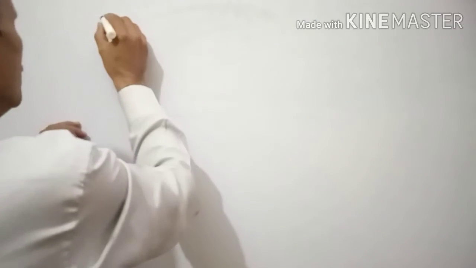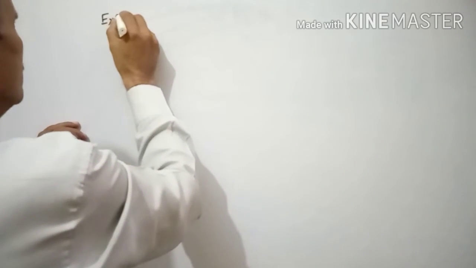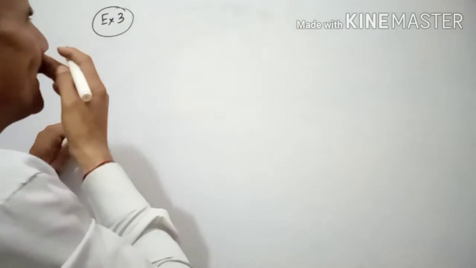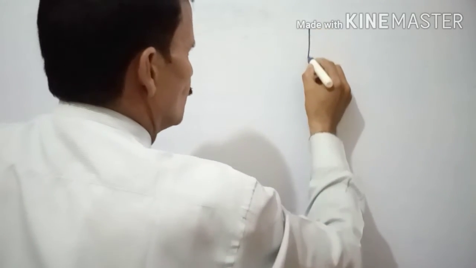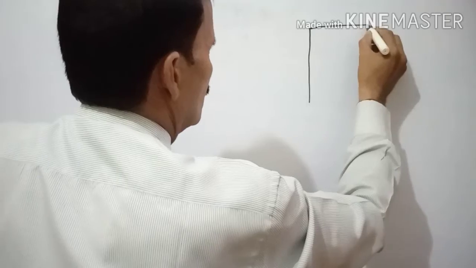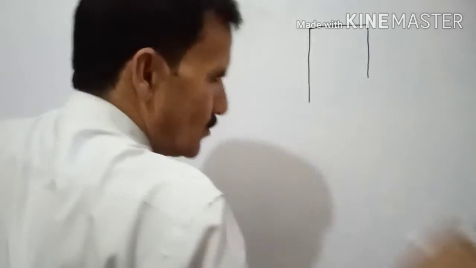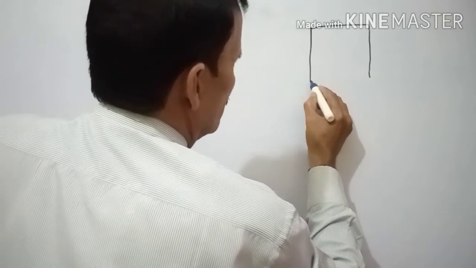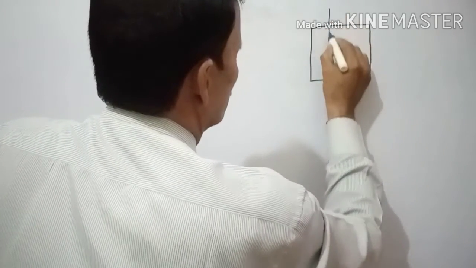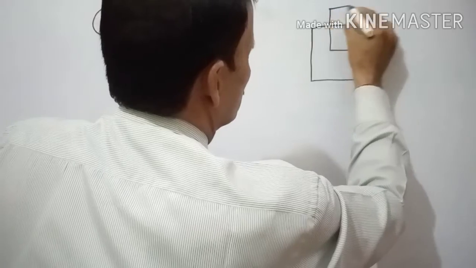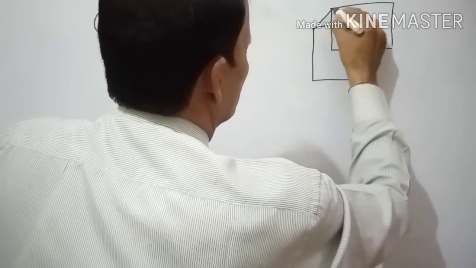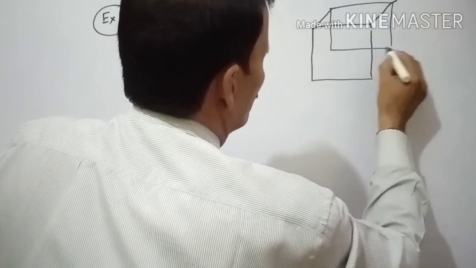Now let us take example 3. Suppose there is a cube. We are going to make a smaller one, so you can make the cube like this. This is a cube and it is again placed.